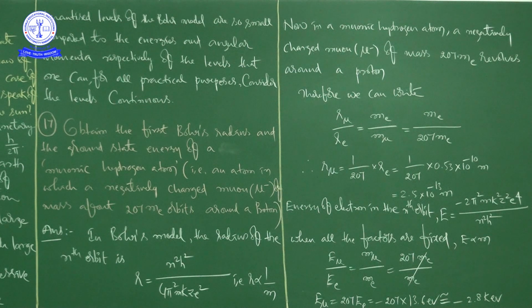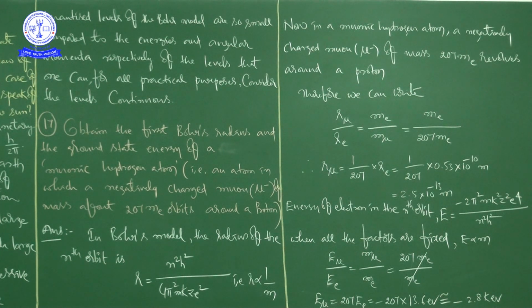You may have a doubt: why, in calculating the radius of the orbit in which the muon is revolving, we took only the mass of the muon, and even when calculating the energy we took only the relation between energy and mass? The reason is the information given in the question. In the question he talks about the mass of the muon compared to the mass of the electron, so we are taking that value only. There is no other choice.